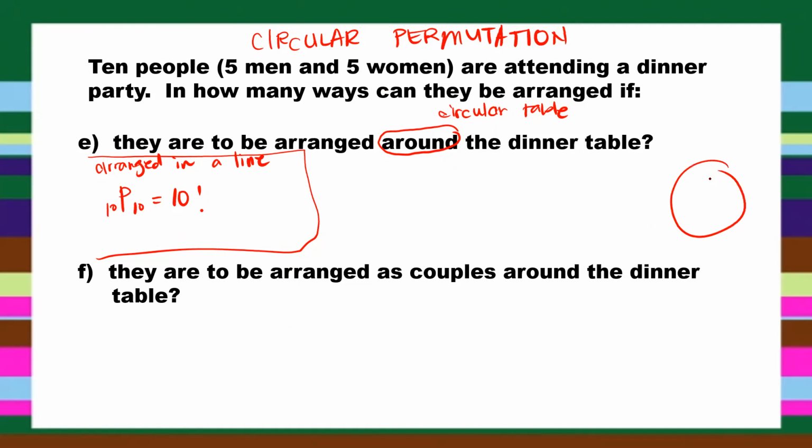This is a circle. If there are 10 people here, 1, 2, 3, 4, 5, 6, 7, 8, 9, 10. There are 10 people here represented by dots.